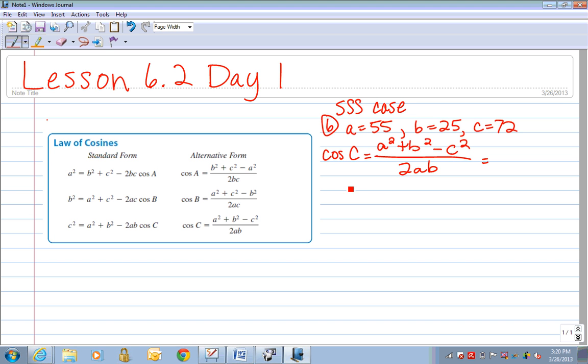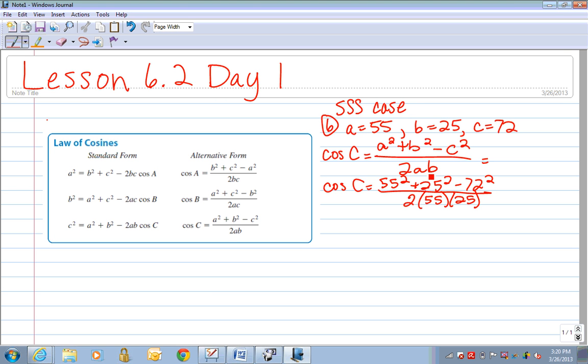So by plugging into this, I can see that cosine C would be 55 squared plus 25 squared minus 72 squared all over 2 times 55 times 25. Just plugging straight into there.